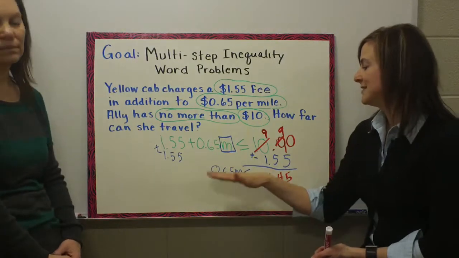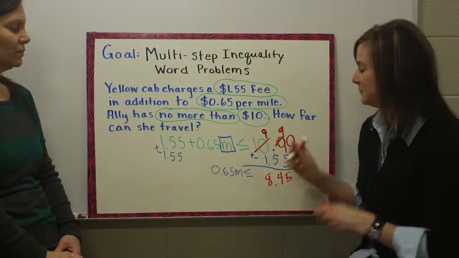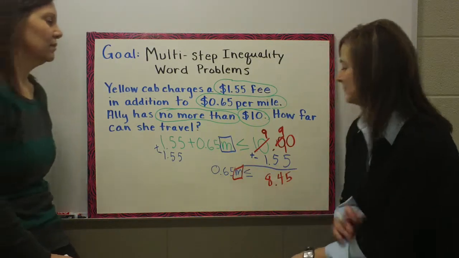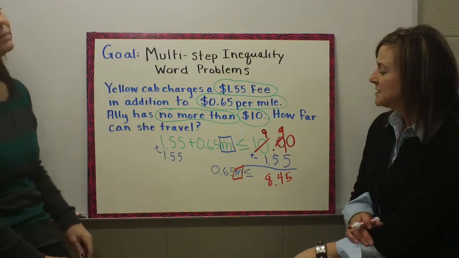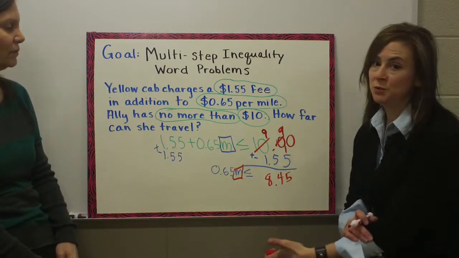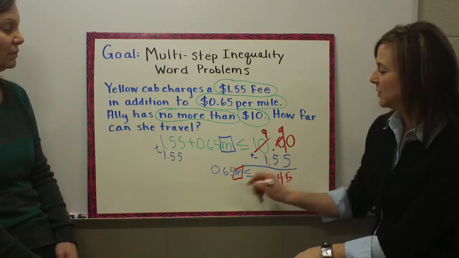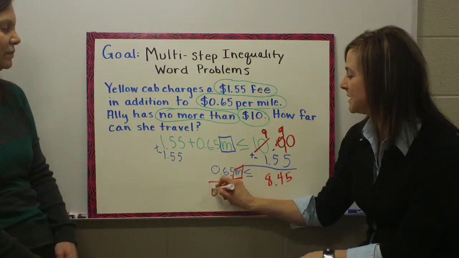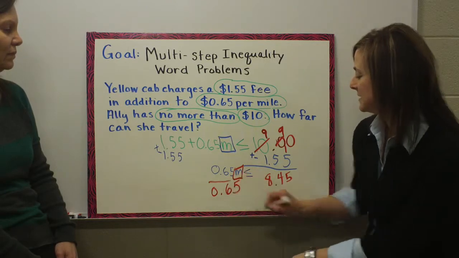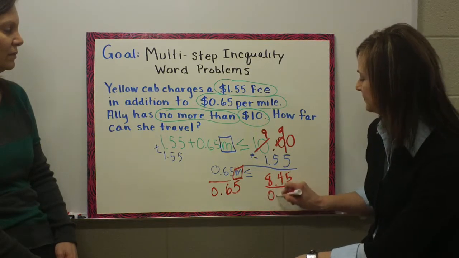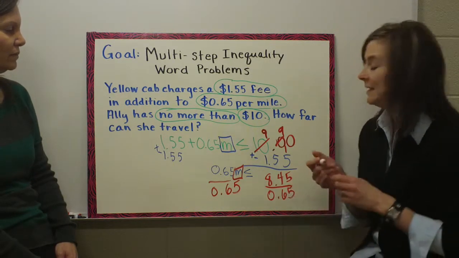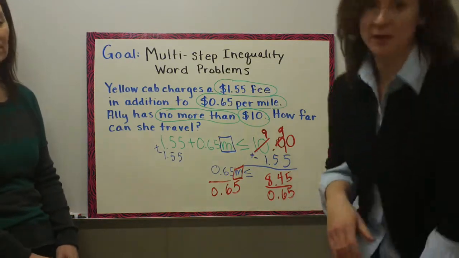Now, we have 65 cents times our variable. And that means to undo multiplication and find out what that mystery letter actually equals, we are going to divide both sides by 65 cents. All right, now I am going to go get my calculator.